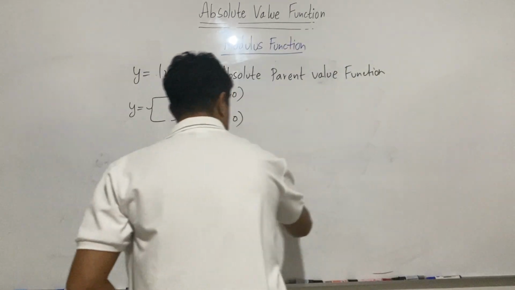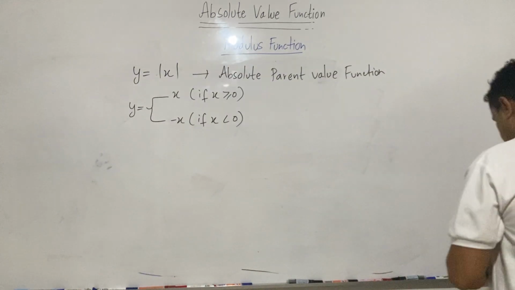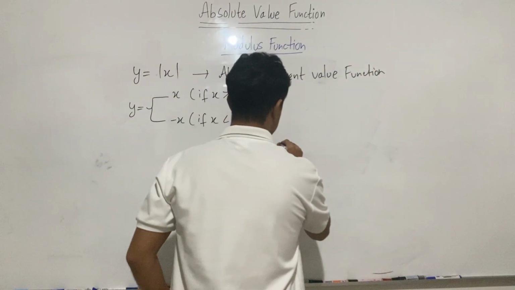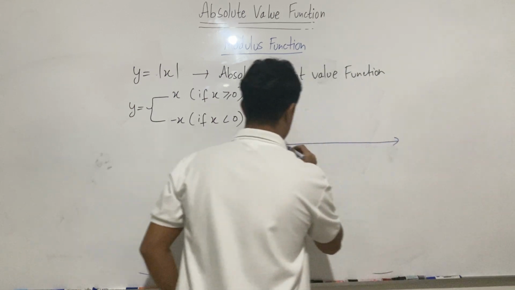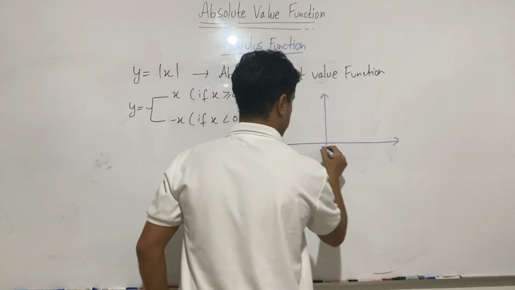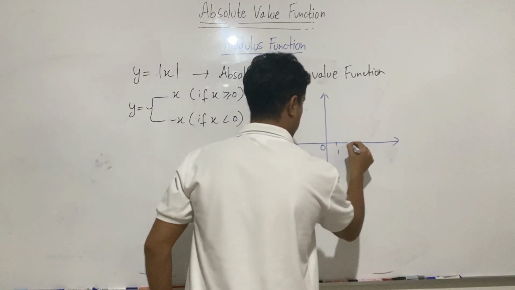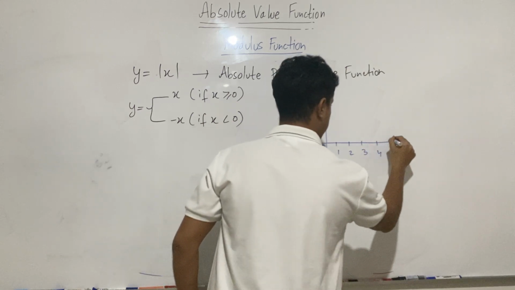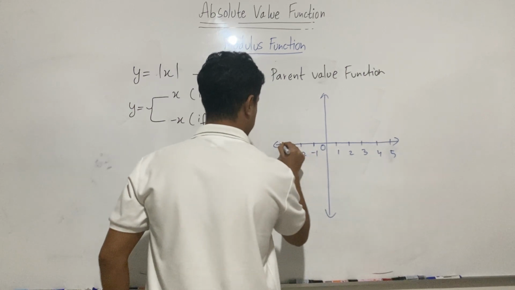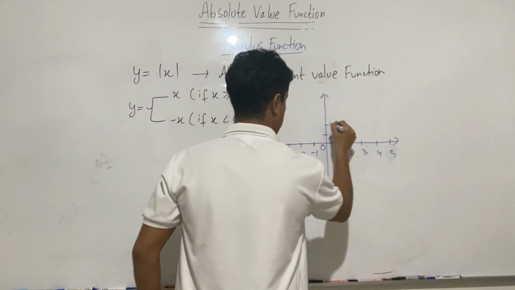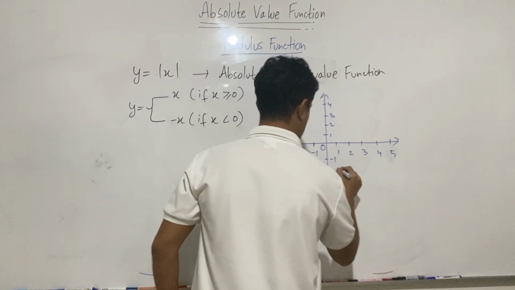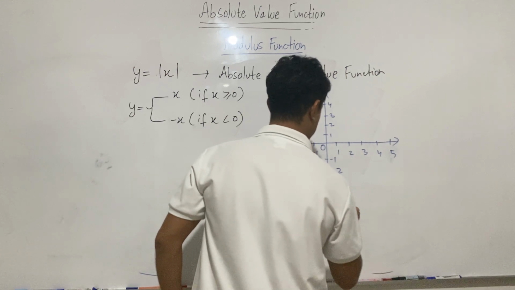Now if I have to draw the graph of this parent value function, this is 0, 1, 2, 3, 4, 5, negative 1, 2, 3, 4, and so on.